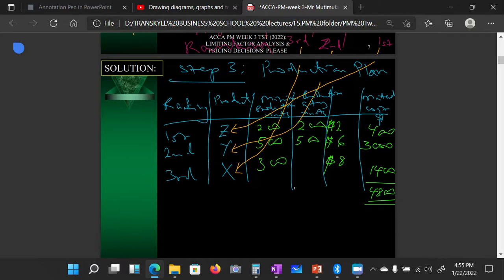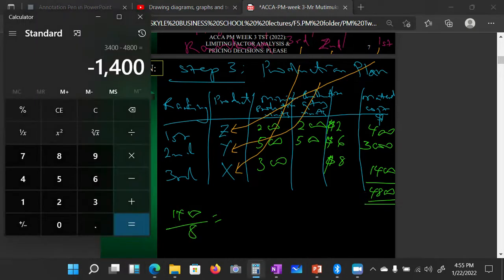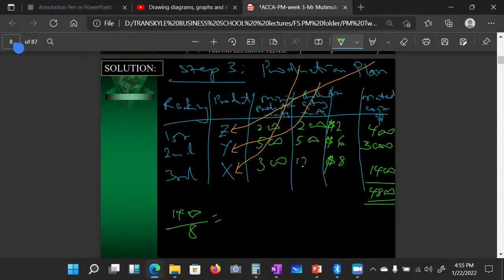It means that we need 1,400 divided by 8, which is equal to 175. This means that we are going to produce only 175 units.